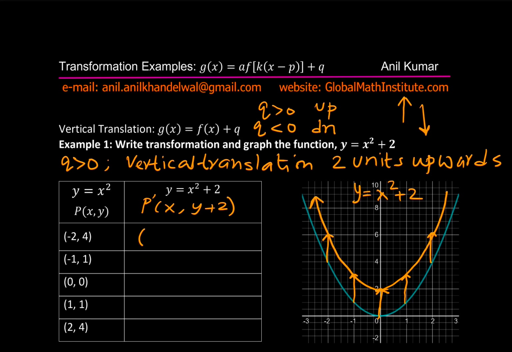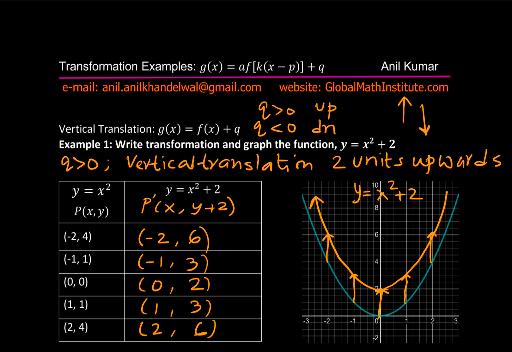So we can now write down all these points. Let's copy the x values as such. The 5 key points, the x values being minus 2, minus 1, 0, 1, and 2. And then to get the y values, we will add 2. So 4 becomes 6, 1 becomes 3, 0 becomes 2, 1 becomes 3, 4 becomes 6. So these are the new coordinate points.